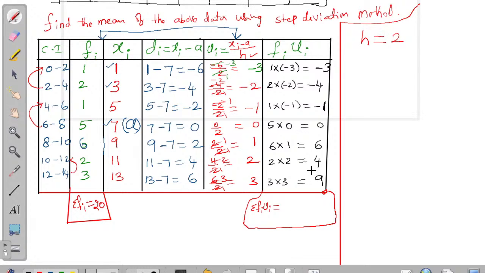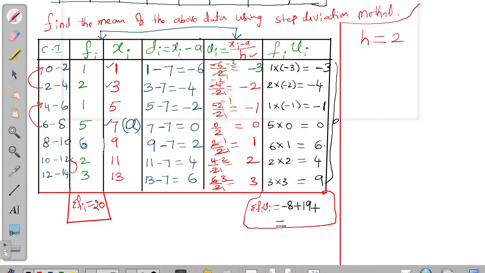After that we have to find a summation. Summation means the sum of these total values, called summation Fi Ui. For this you remember one thing, here add these negative values. How much will you get? Minus 4, minus 3, minus 7, minus 1, minus 8. Plus 6 plus 4, 10, 10 plus 9, 19.